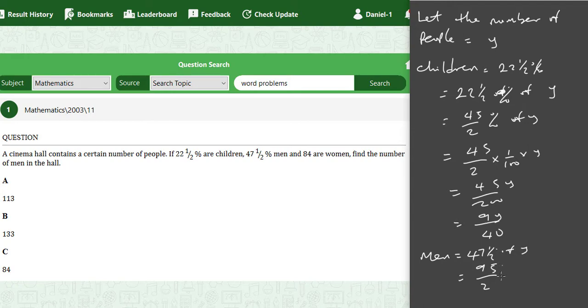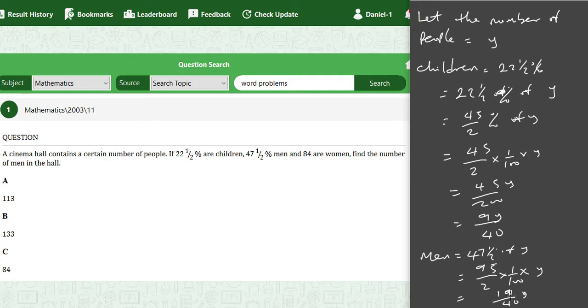Then since it's a percentage, you divide by 100, then times y. Eventually, if you divide by 5, this will give you 19y over 40. So now this is the number of men.